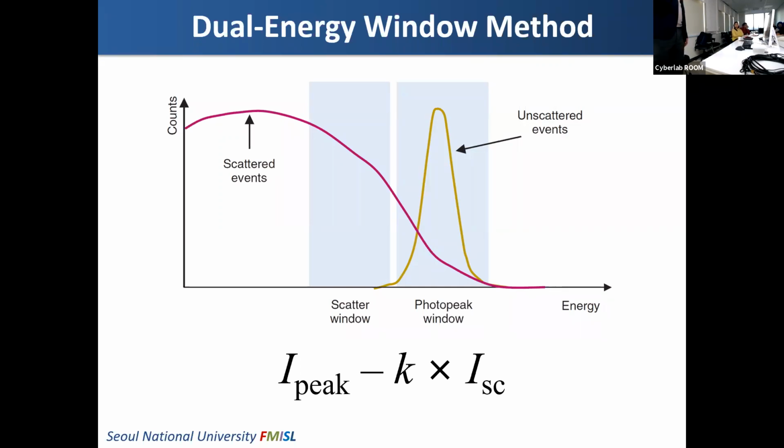So the idea of the dual energy window is that the amount under this scatter curve in the photopeak window will be proportional to the amount of scatter in this secondary window.